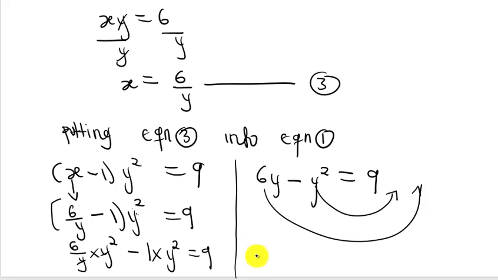Therefore, we are going to have 0 being equal to y² minus 6y plus 9, because already the 9 here was positive. So we can rewrite this equation as y² minus 6y plus 9 is equal to 0.